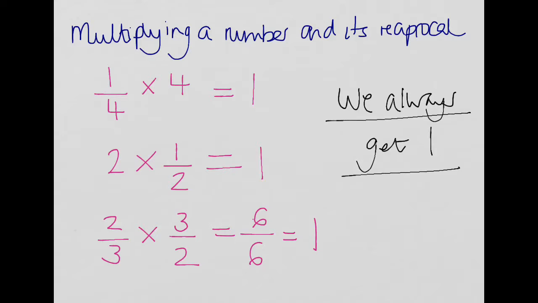We've learnt what the reciprocal of any number is. Well, any fraction or integer. I haven't done decimals. They're not much more difficult. And we've also learnt that when we multiply that number by its reciprocal, the answer is always 1, which is 2 quite amazing things to have learnt in such a short time.